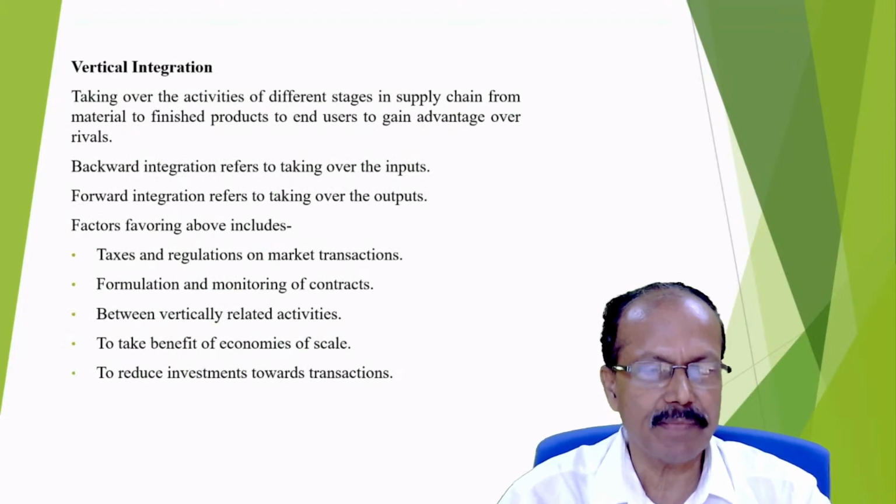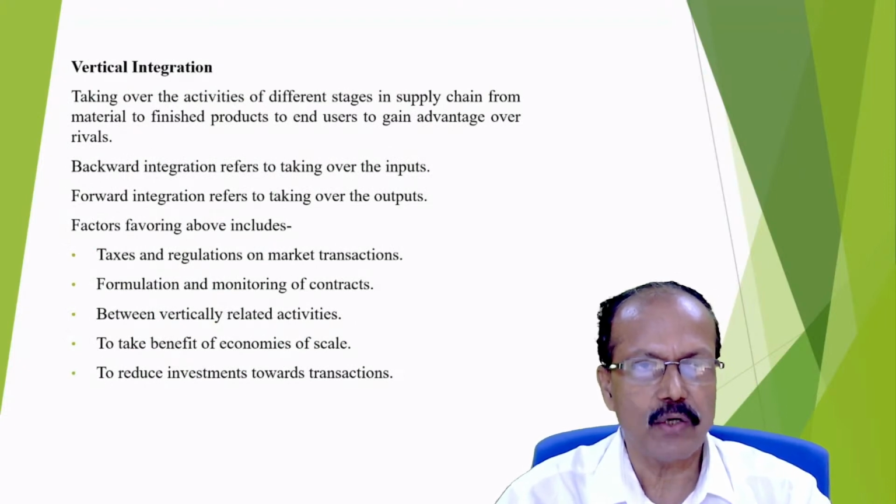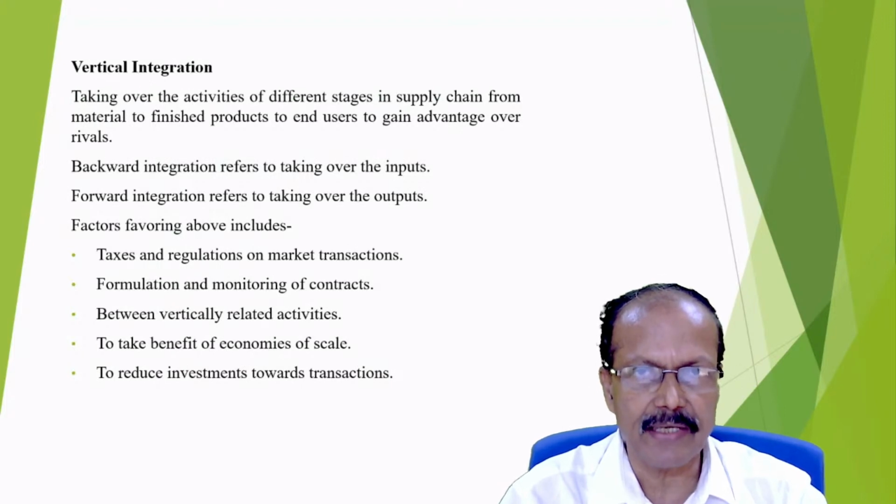With respect to the concept of vertical integration, it is taking over the activities of different stages in the supply chain, from material to finished product to end users, to gain advantage over the rivals.